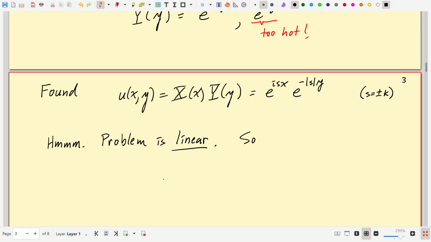So the summation, who knows how many points I'll need, of C_n e to the i s_n x e to the minus absolute s_n y is a solution. Hopefully, if it converges nicely, it's a solution too.